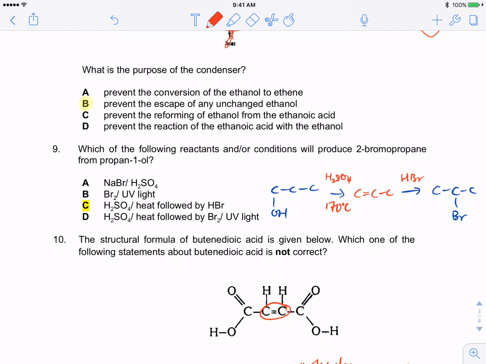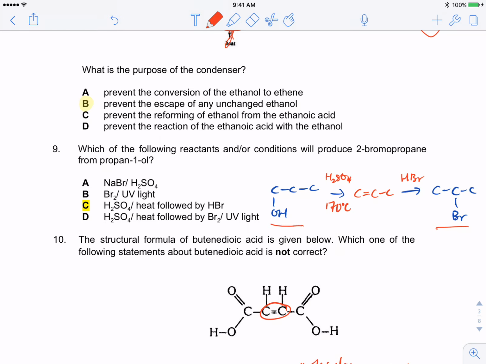Question 9. Which of the following reactants and/or conditions will produce 2-bromopropane from propanol? Okay, this is an interesting question in the sense that we have the start, we have the end. What must we do to get to the end? Okay, so we know that this is an alcohol, then this is an alkyl halide in the center. So this is where your reaction map comes in handy.